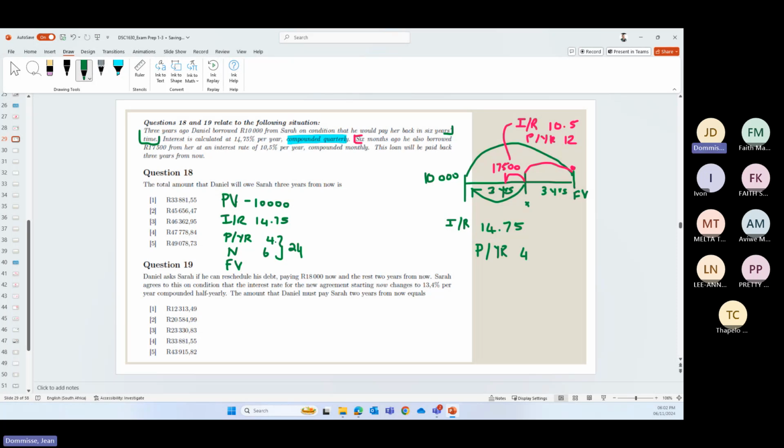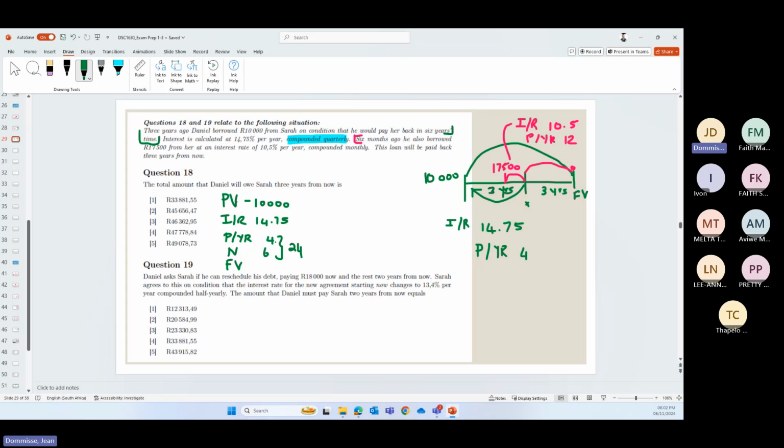Okay, so nothing strange at this stage on the calculator. It is a present value of 10,000. It is a 14.75 interest rate. It is 4 times per year. I think in the previous question we had 2 times per year, so that's one thing we need to change. 4 times per year.